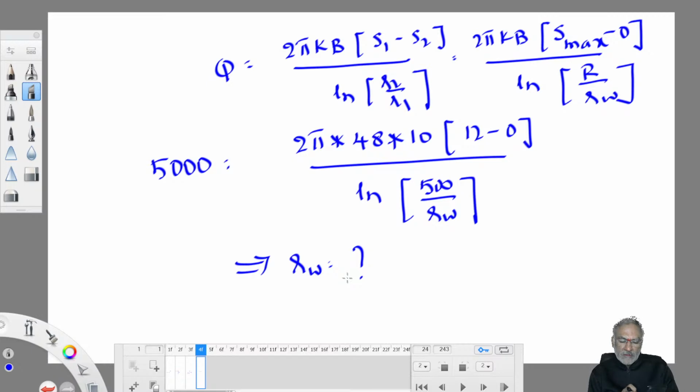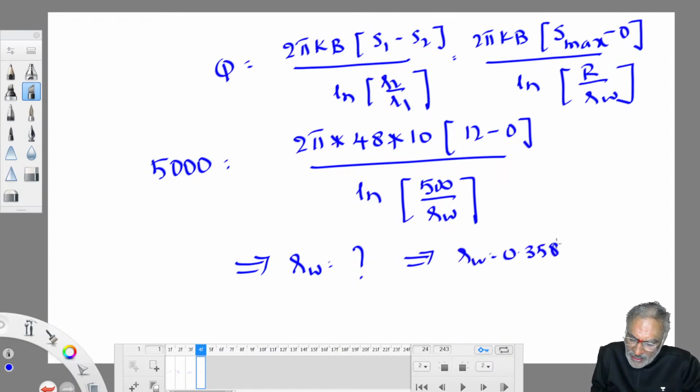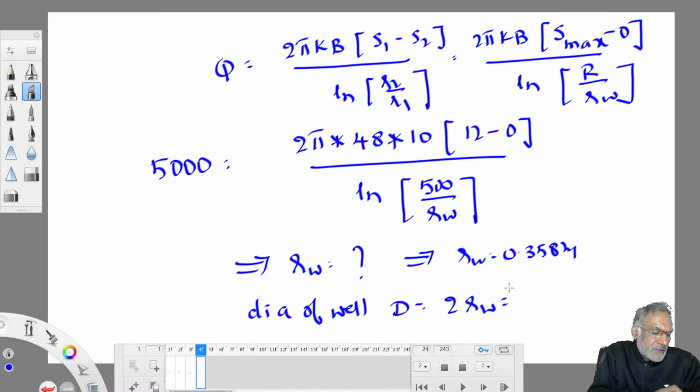What is the RW value? I am getting 0.358, so RW is equal to 0.358 meters. Then the diameter of the well is 2 times RW. So it is 0.358 into 2, which is 0.716 meters. That was the answer for this question.